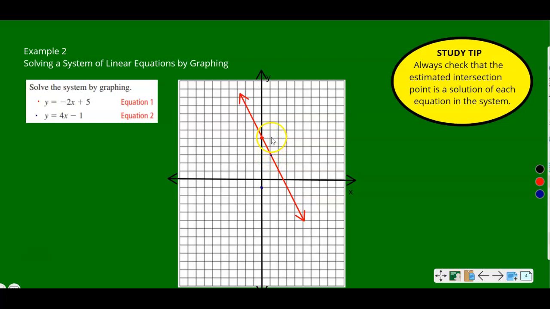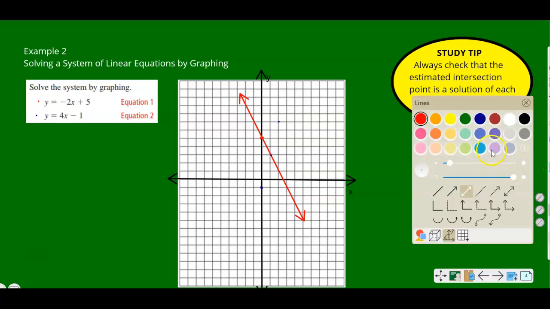So we're going to graph this equation as well.